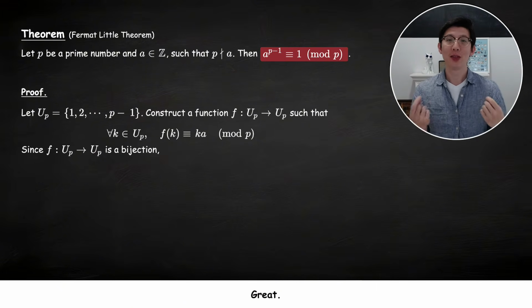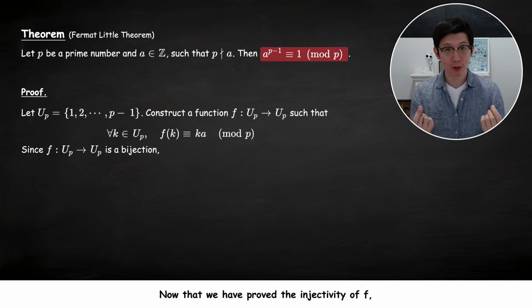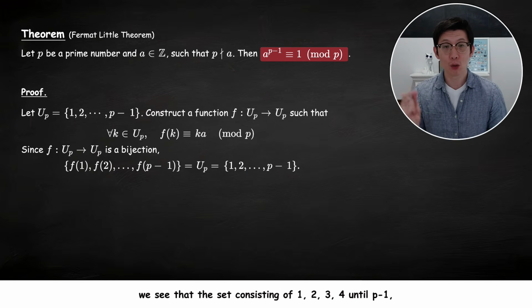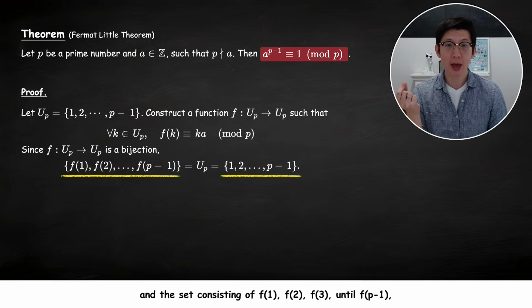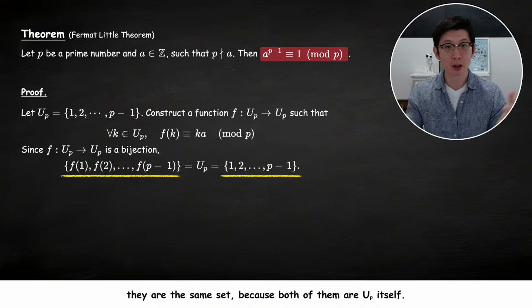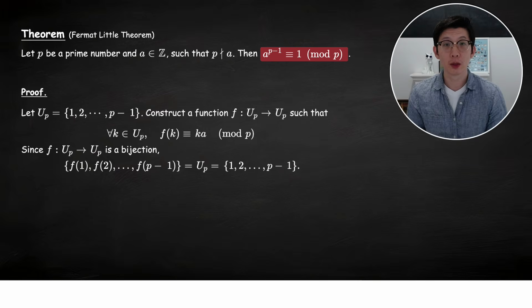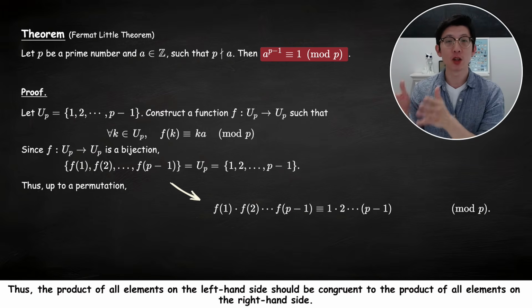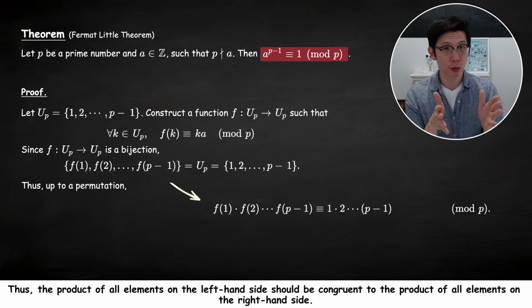Great. Now that we have proved the bijectivity of f, we see that the set consisting of 1, 2, 3, 4 until p minus 1, and the set consisting of f(1), f(2), f(3) until f(p minus 1), they are the same sets, because both of them are U_p itself. Thus, the product of all elements on the left-hand side should be congruent to the product of all elements on the right-hand side.